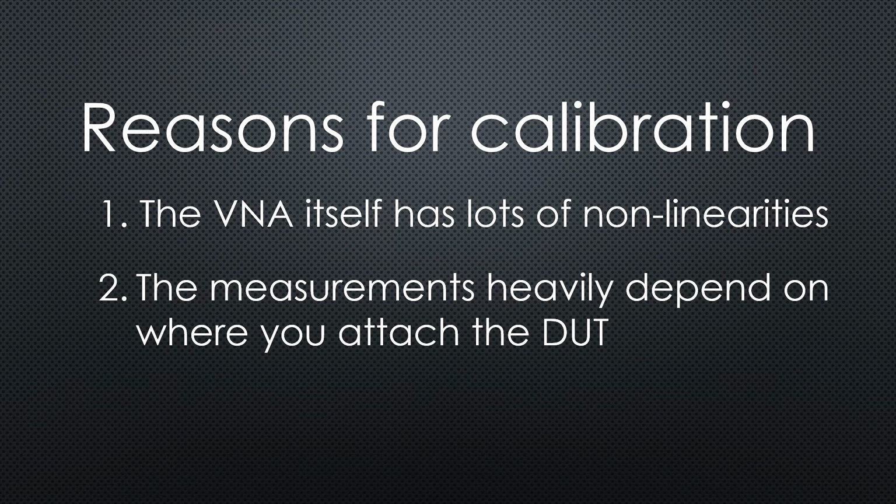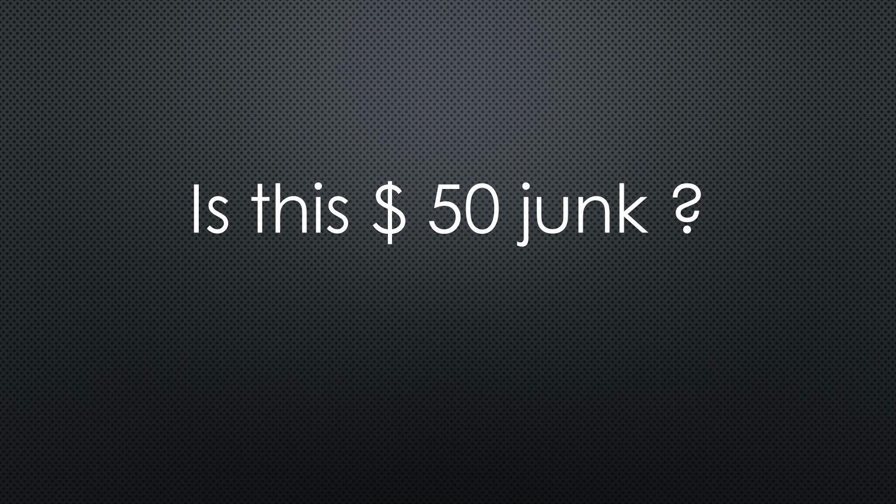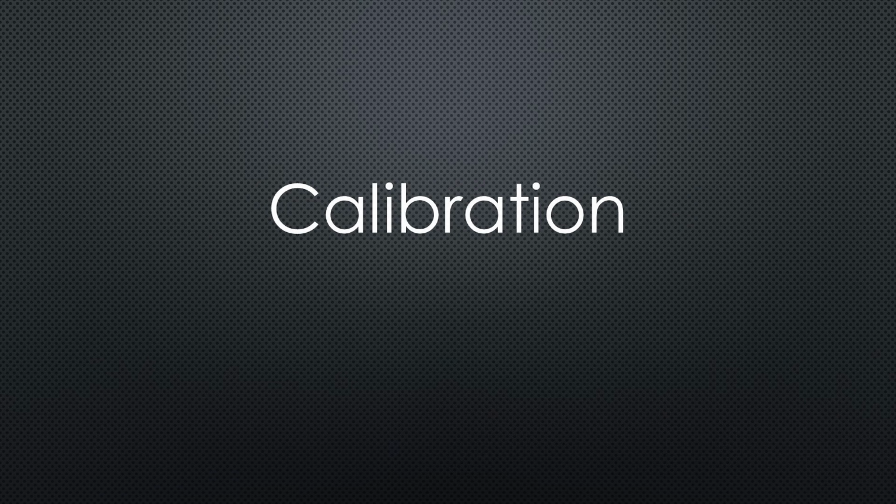You probably ask yourself, why is it possible to drop prices from $10,000 to $50? Is the quality of these devices okay, or do they display crap? And here comes the calibration into play. Even if those cheap instruments are not accurate at all, you still can get good results.